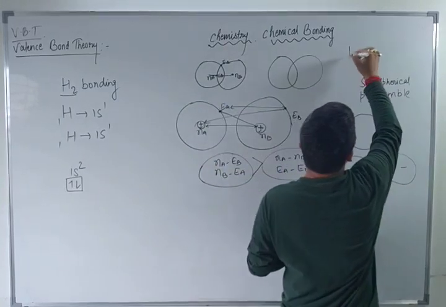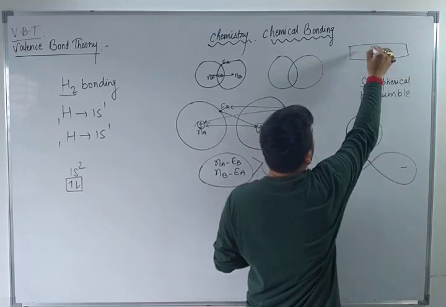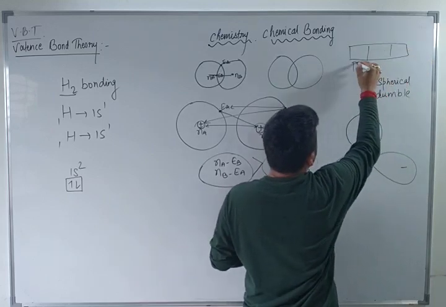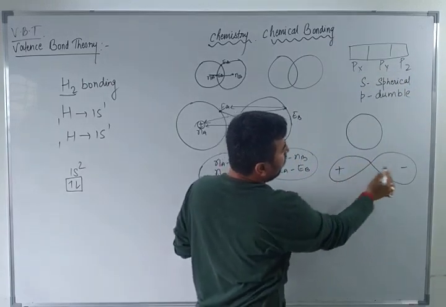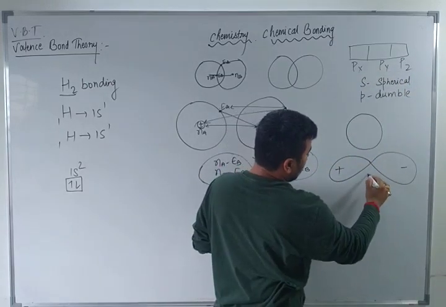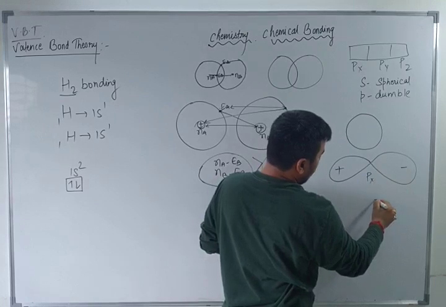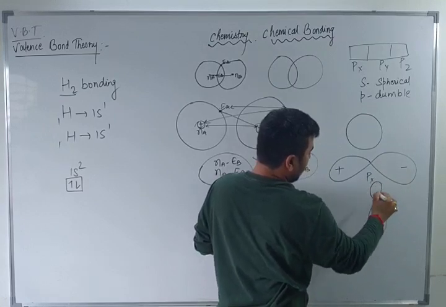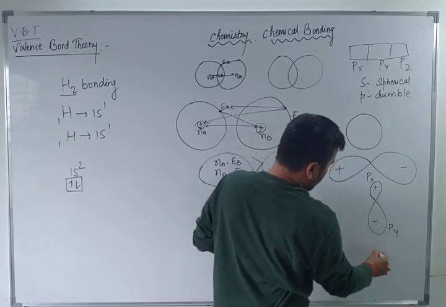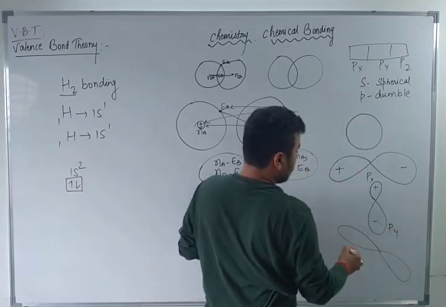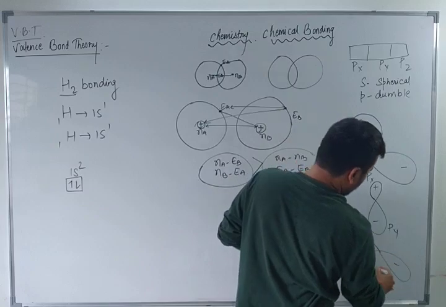You know very well, in the p orbital there are three orientations: px, py, pz. So you can see here the positive lobe and negative lobe. Just suppose this is px. If I talk about py, here there will be a positive and a negative. This is py. And for pz, just suppose this is positive and negative pz.